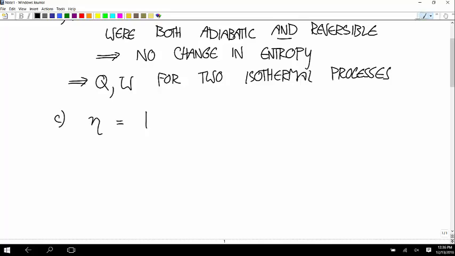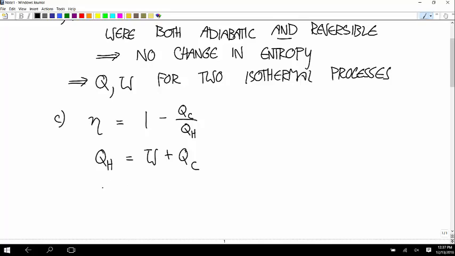Yeah, this is a good one to use. So 1 minus QC over QH. Okay, so we know that QH is equal to W plus QC.